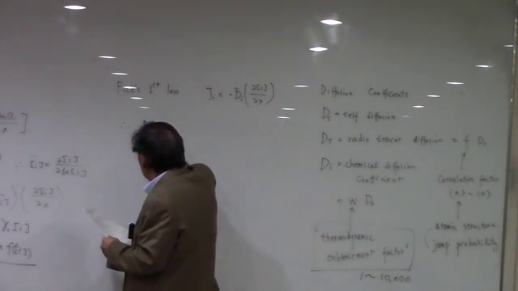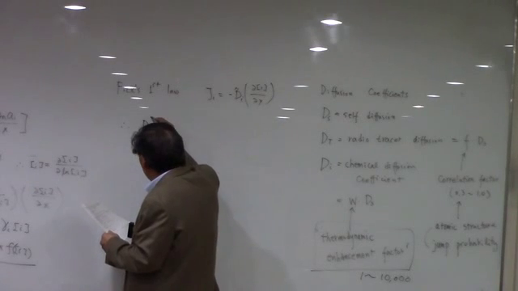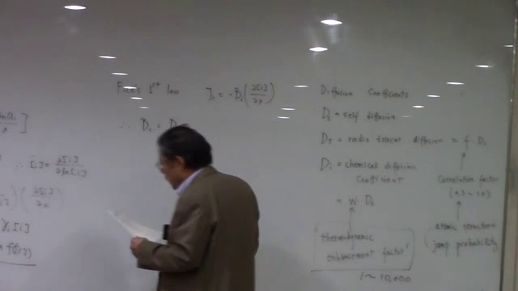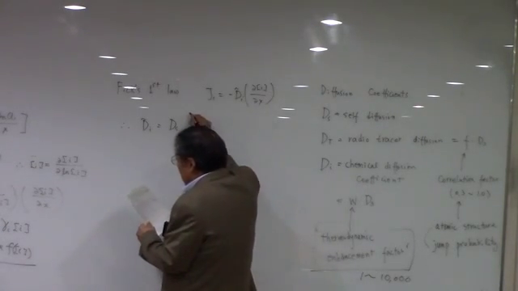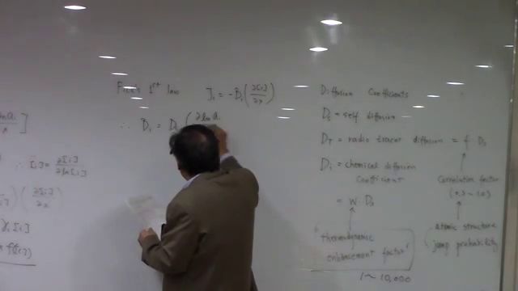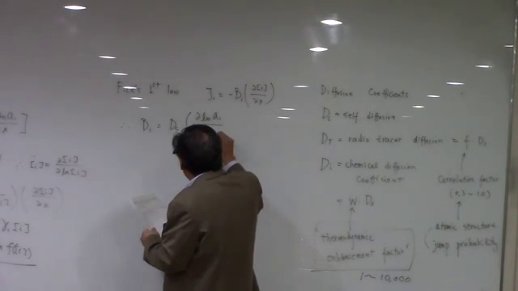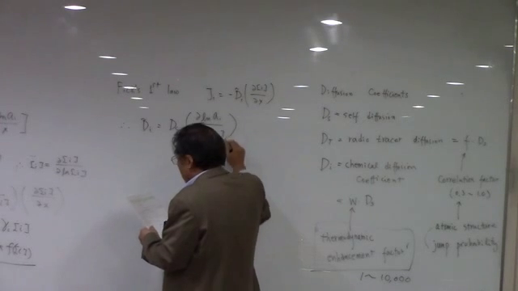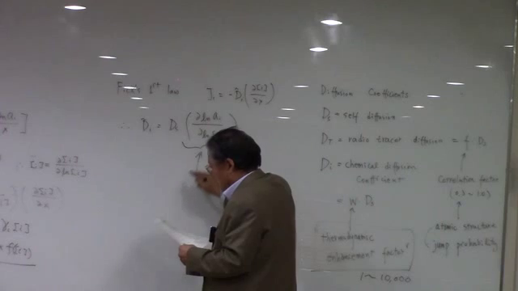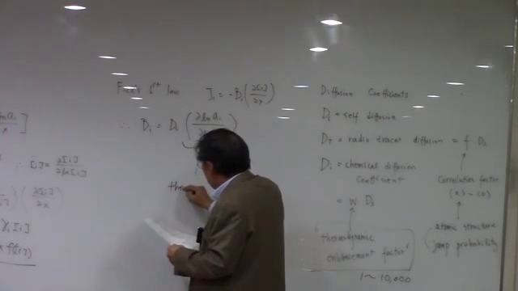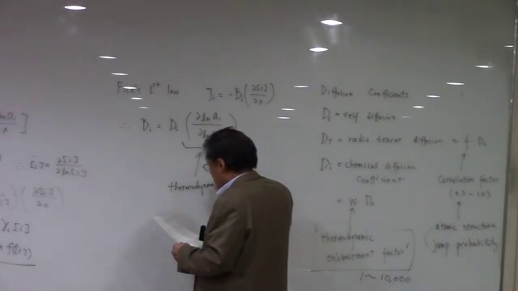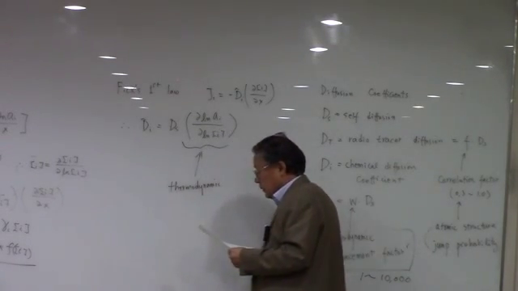So now the chemical diffusion coefficient is going to be related to the self-diffusion coefficient by the thermodynamic enhancement factor, which involves activity and concentration. And this is going to be called the thermodynamic enhancement factor.